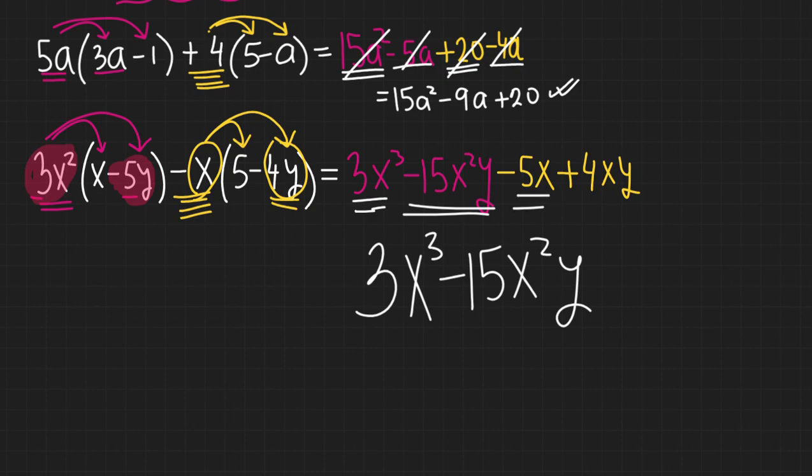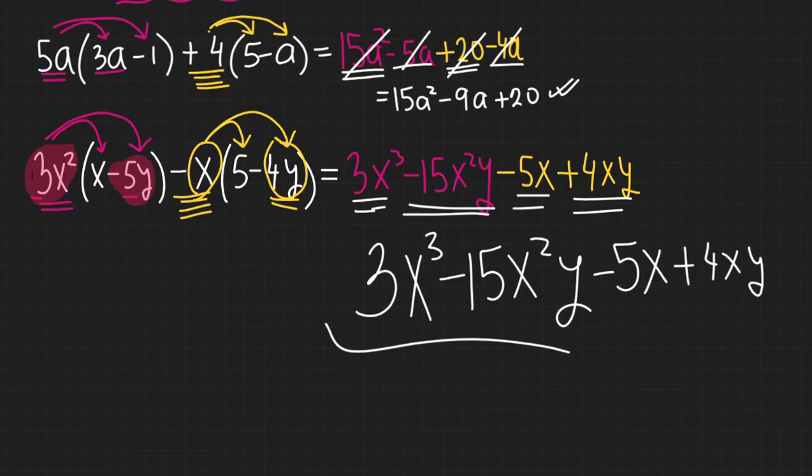Minus 5x. No other x. Only x. No. Minus 5x. Plus 4xy. Oh, this one also remains the same. So we basically could not simplify anything. And with that, we can say that was the distributive property.